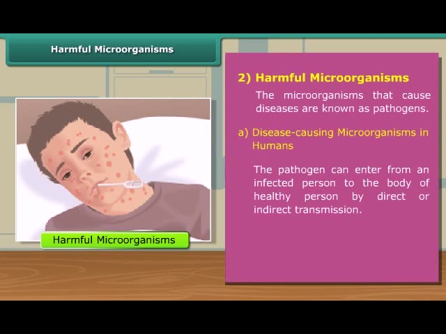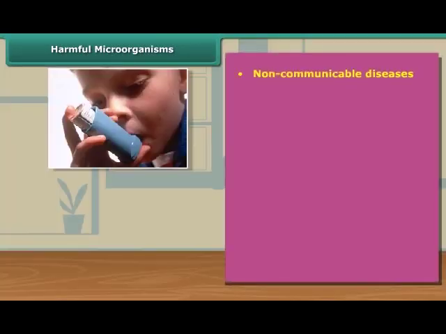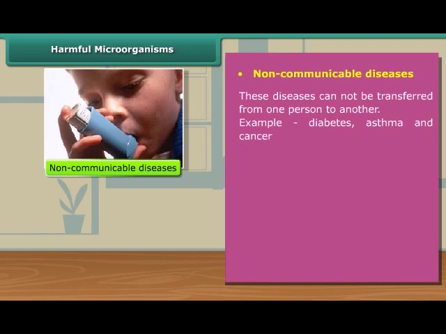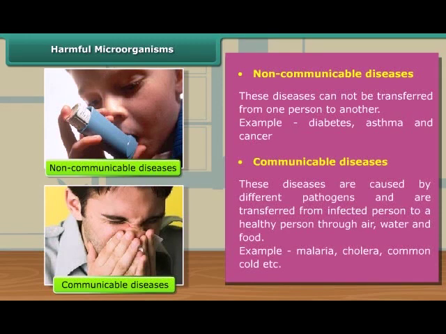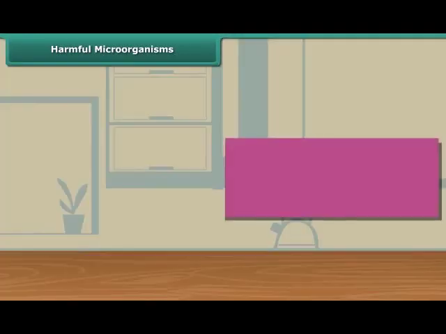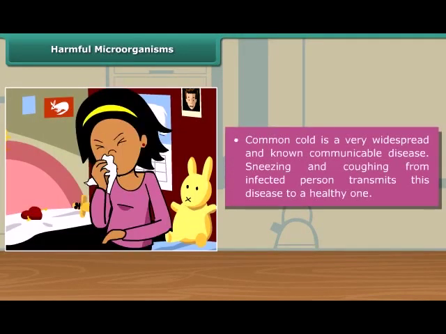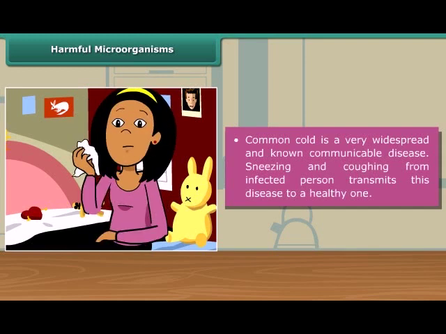We can classify diseases into two categories: non-communicable or non-infectious diseases, and communicable or infectious diseases. Non-communicable diseases cannot be transferred from one person to another, while communicable diseases are transferred from an infected person to a healthy person by means of air, water, food, etc. Common cold is a very common example of communicable disease.